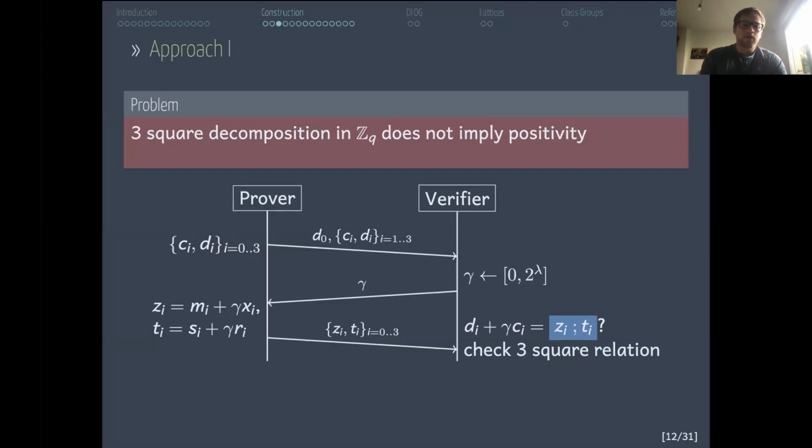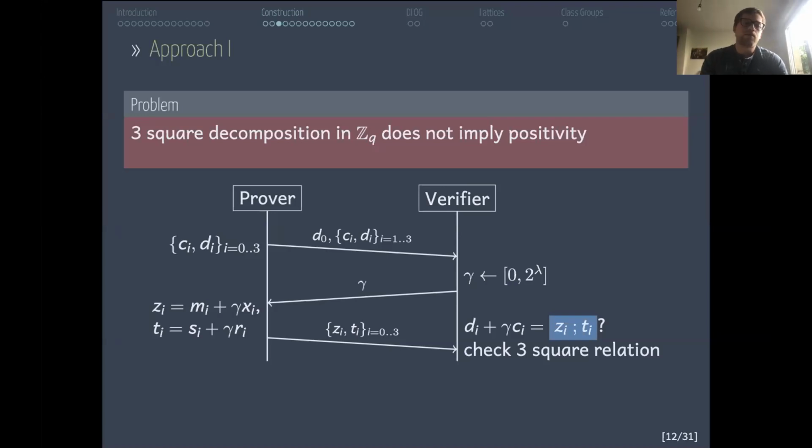Even negative numbers in Zq can be squares because we have overflows, and thus even negative square roots can have a 1-square decomposition in Zq, and thus also obviously a 3-square decomposition.